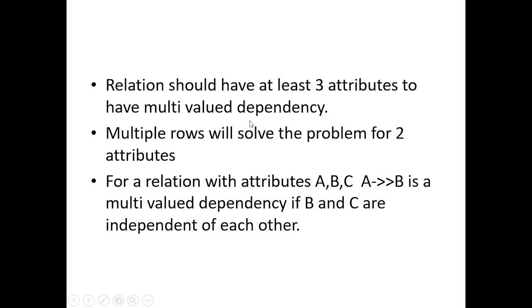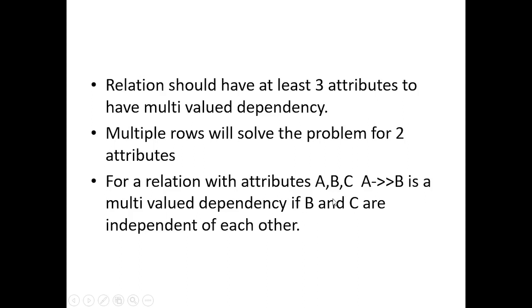And here we say that a relation should have at least three attributes. Then only it makes some problem for us. Otherwise, it is easy to solve this problem if we have only two attributes. And for a relation with attributes A, B, C, we can say A multi-determines B, that is a multi-value dependency, if B and C are independent of each other.